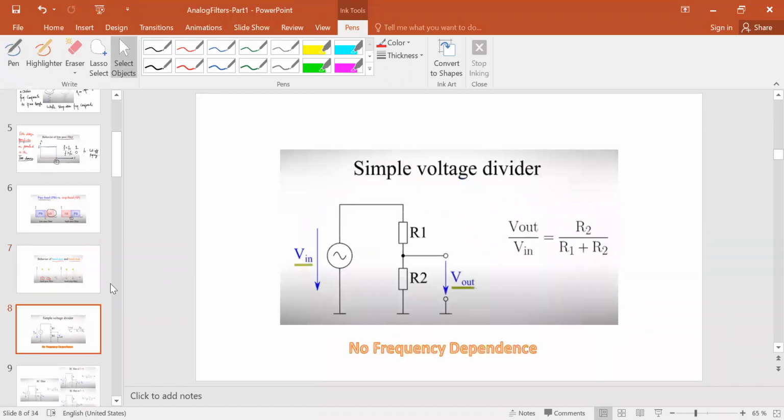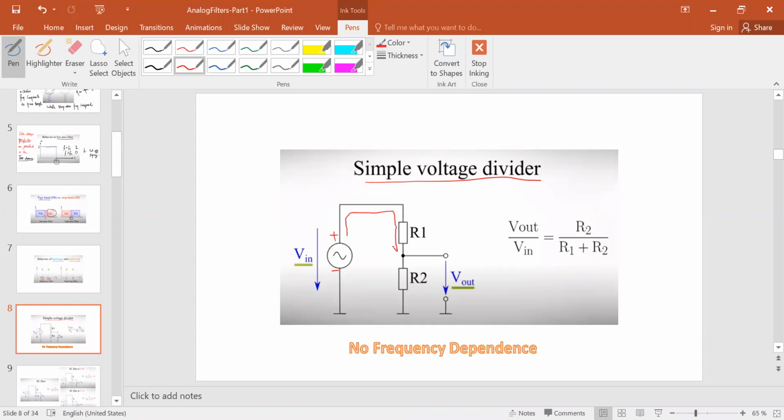Okay, so let me take you back to one of those electrical circuit concepts, which is a simple voltage divider. We are starting now to design the filters, and we will take advantage of this voltage divider circuit. As we are all aware, there is an input voltage, plus minus V in, and because of this input voltage, the current will start flowing in this part of the circuit.